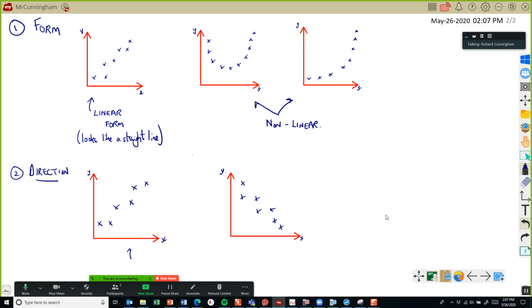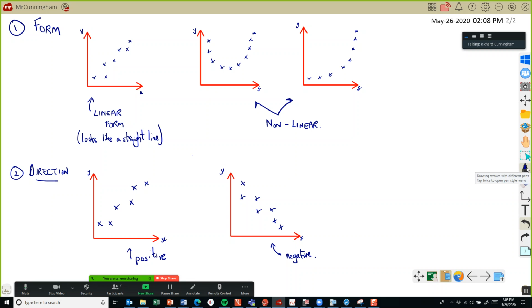Yeah, it's positive. As x goes up, y is going up. It's going up in a positive direction. So if that one's positive, this one is going downwards, it's sloping down. We could say this one is in a negative direction. Okay, so that was direction.